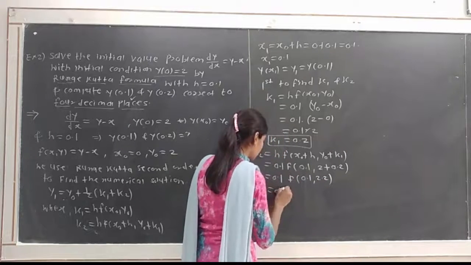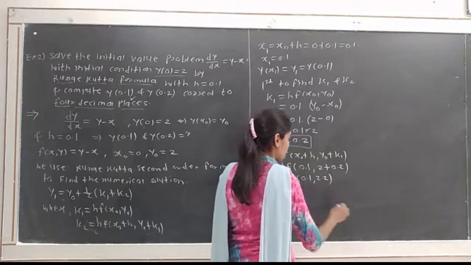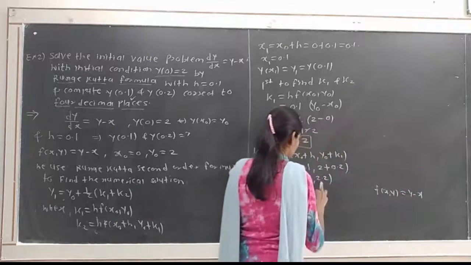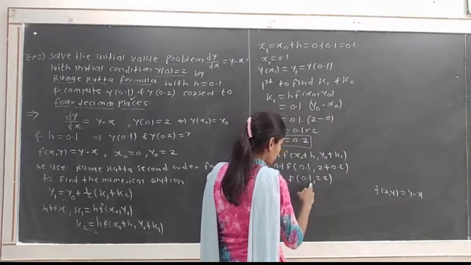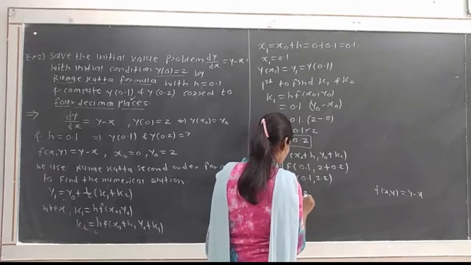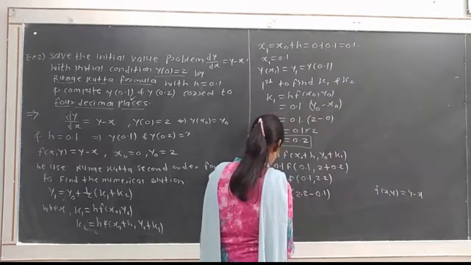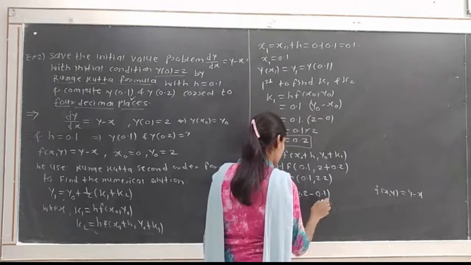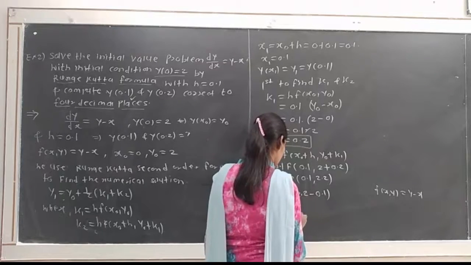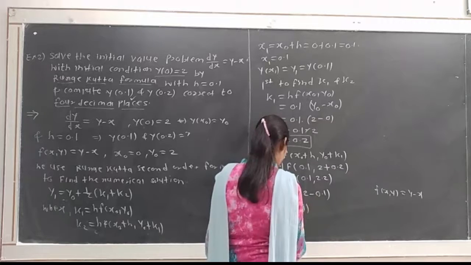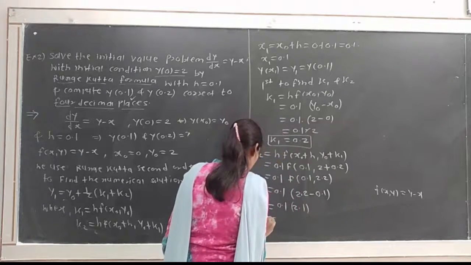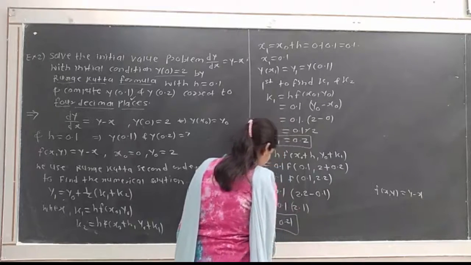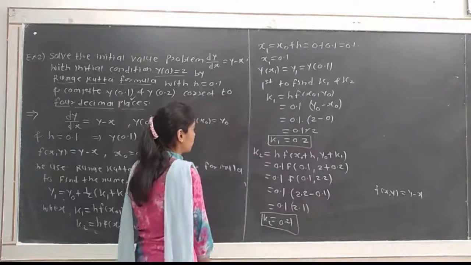The function f of x, y is y minus x, so here y is 2.2 and x is 0.1, so we get 2.2 minus 0.1, which becomes 2.1. So 0.1 into 2.1, the value of k2 will be 0.21. In this way we find k1 and k2.